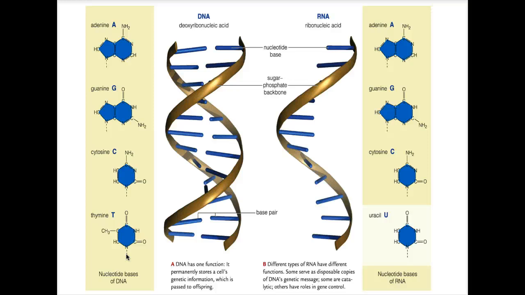So since you only need to turn on or express certain genes at certain times, your DNA is kind of like a storehouse of knowledge. It's like the hard drive of your computer, and you don't want it out in a hostile environment such as the cytoplasm of the cell could be.